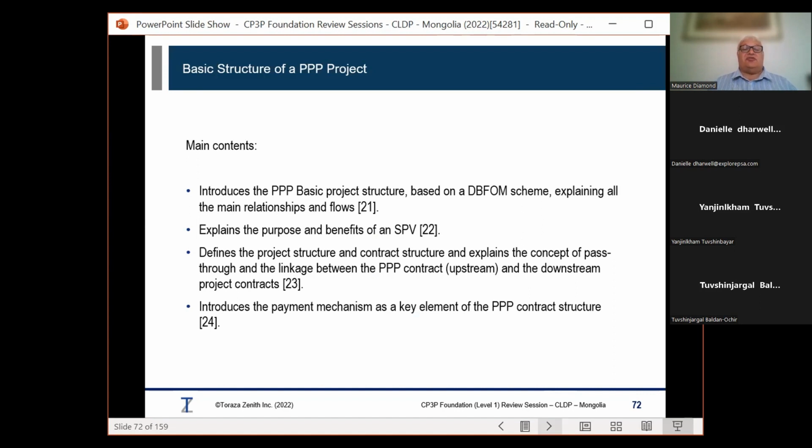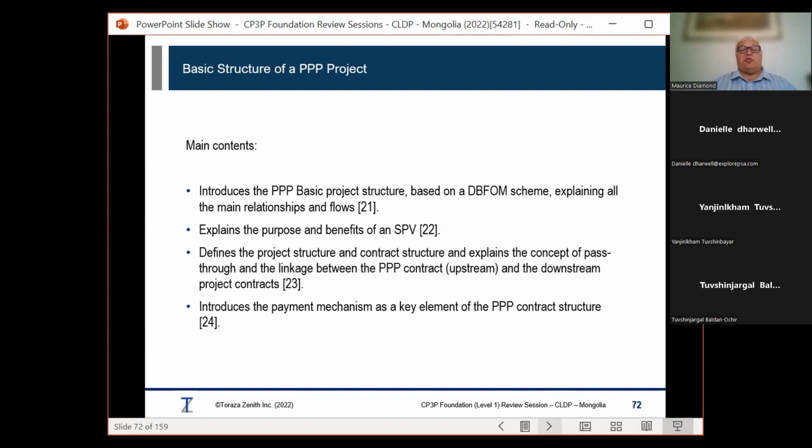Now, the SPV is defined by the project structure and contract structure, and this explains the concept of pass-through and the linkage between the PPP contract upstream and the downstream project contracts. So the upstream is what we have: the government, or the authority, will define the contract, and then the SPV will sign the contract. Now that contract will have been defined upstream by the authority.